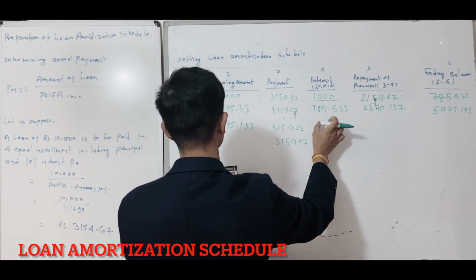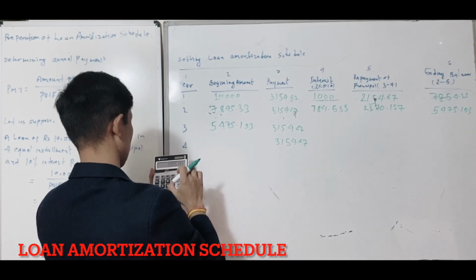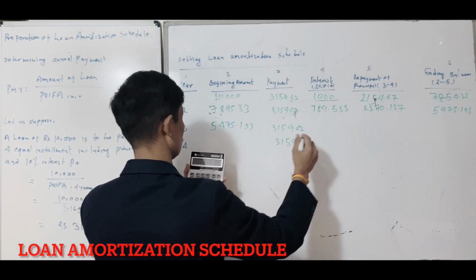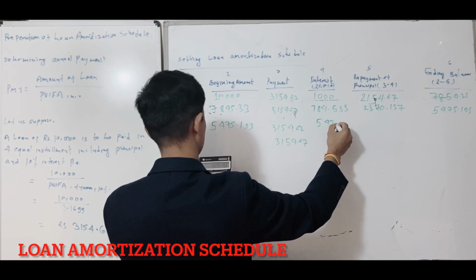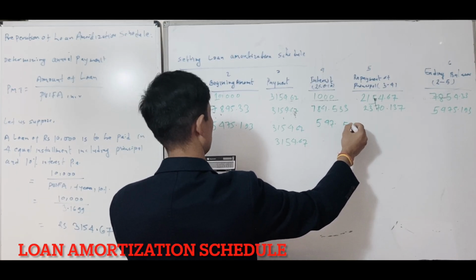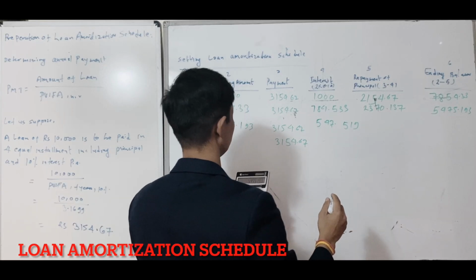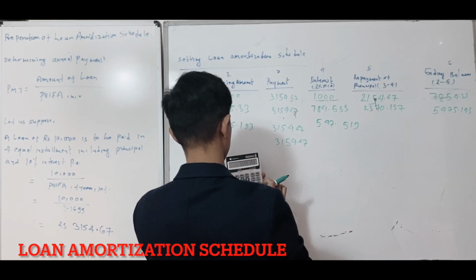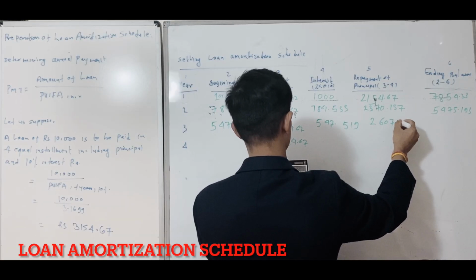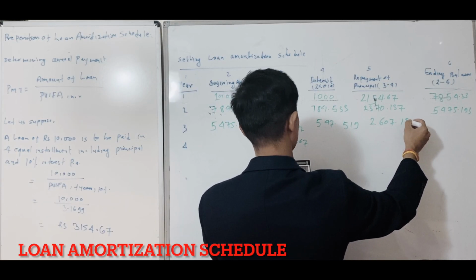Again, column 2 multiplied by 0.1. Column 5 is 3 minus 4, 2607.151.